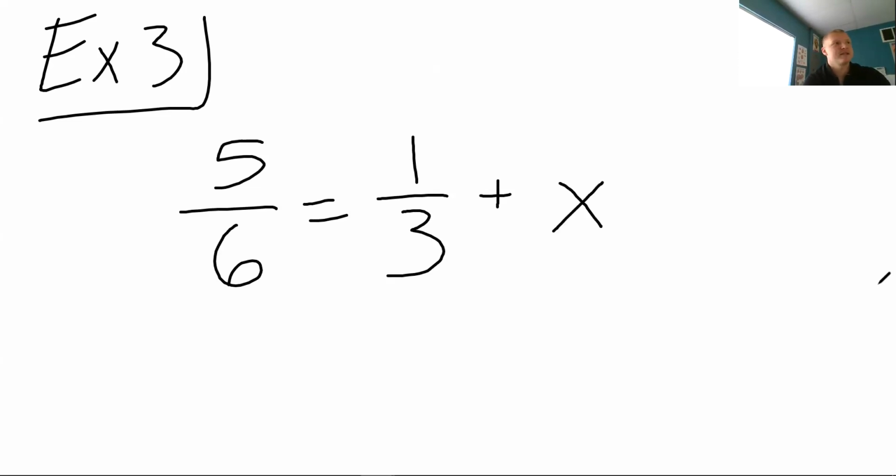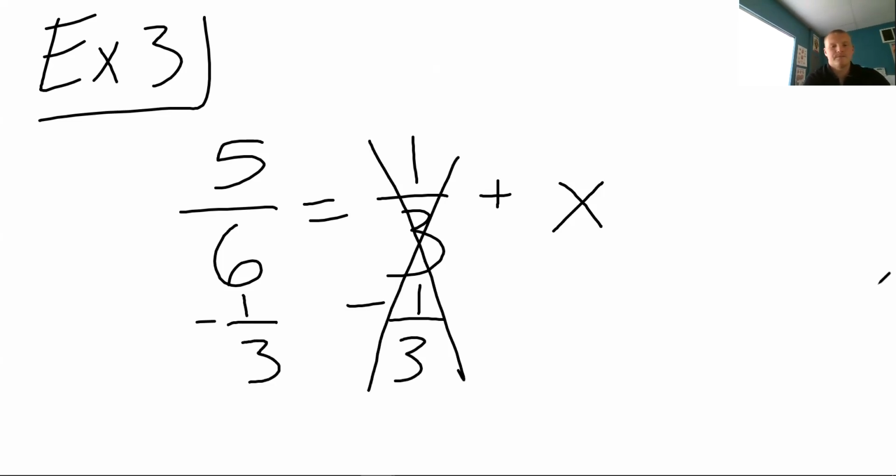So 5/6 is the total available space. 1/3 of it is already full, and I want to know how much I can fill up. So all this is just a subtraction problem. So minus 1/3 to both sides, because the opposite of +1/3 is -1/3.